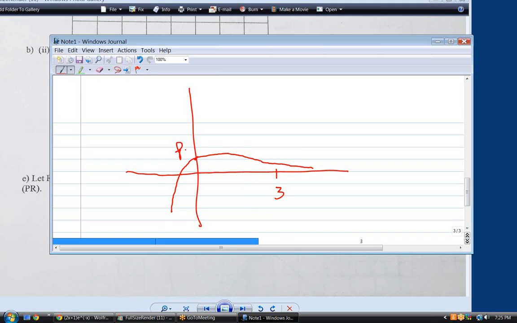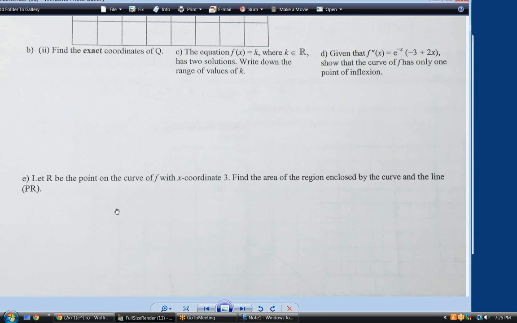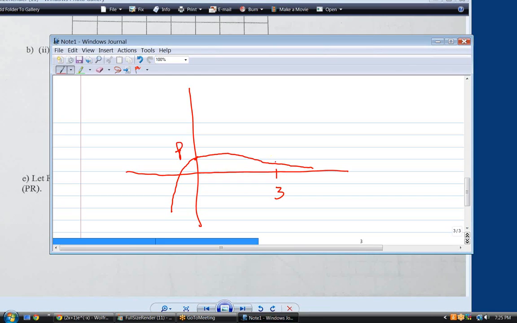And they said there's P, and let R be the point on the curve with an x-coordinate of 3. So this is R. Okay? And they want the area between the curve and that line right there. Would I have to integrate it?